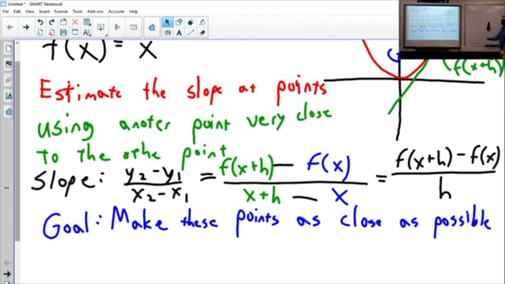Because as the points get closer and closer together, I get closer and closer to just looking at our tangent line that we want. So the closer that this point gets to the actual point that we need, the better the estimate's going to be, and the more it's going to look like a tangent line.